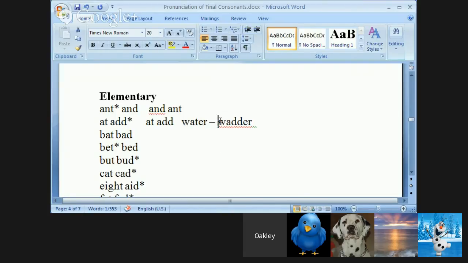But you should be aware when you're watching an American movie and he says, just give me some water, he means water. Okay, just so you know. Now this is very common, even when we join sounds together, like this, add.